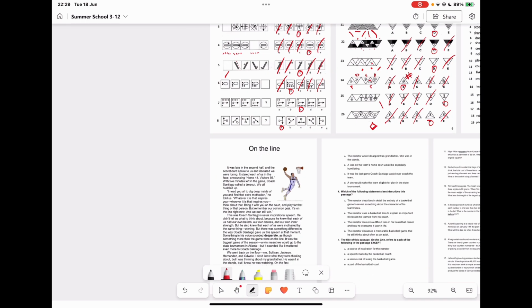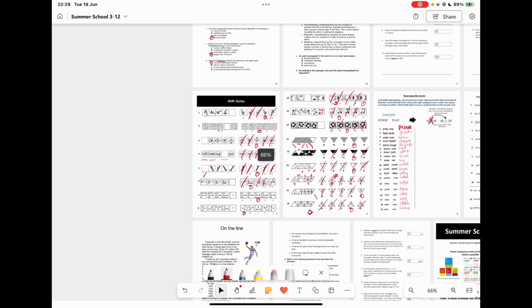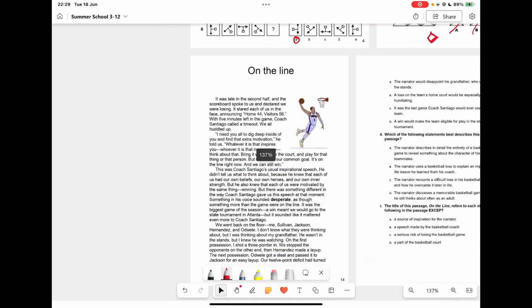Then page 14 is here. Okay, so 14. On the line. It was late in the second half and the scoreboard spoke to us and declared we were losing. It stared each of us in the face, announcing home 44, visitors 56, with 5 minutes left in the game. Coach Santiago called a timeout.